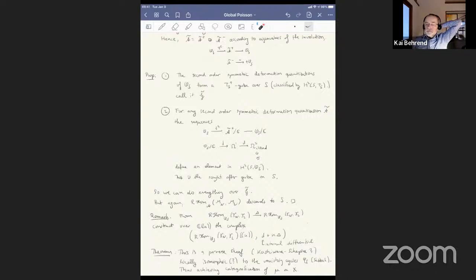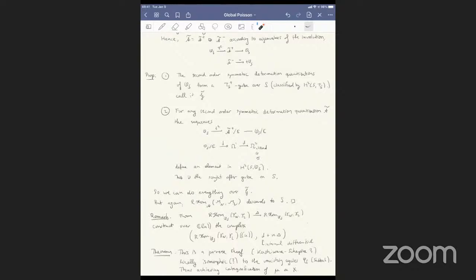Right. Other questions? Maybe I can ask a very naive question. If you have a holomorphic symplectic groupoid and you start looking at the Lagrangian bisections, can you get any interesting information about their self-intersections?